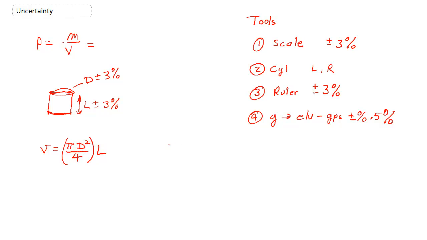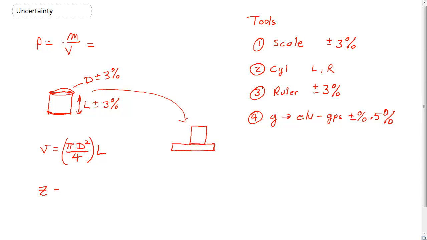Now you go over to your scale, some type of scale. You put this on the scale. So it measures what I'm going to call Z, or the zero. Since I'm in the English system, let's say my beaker weighed 4 pounds.